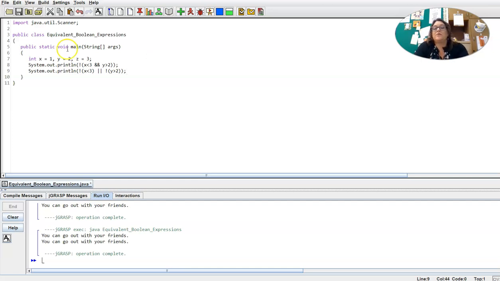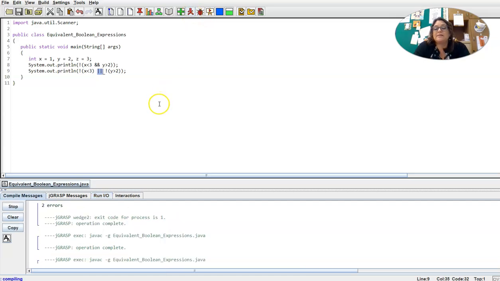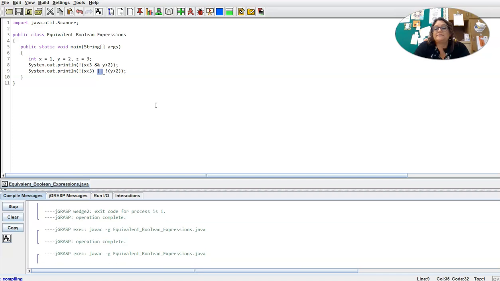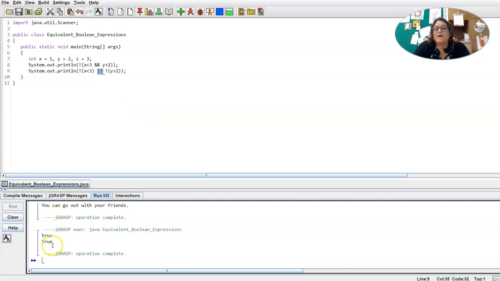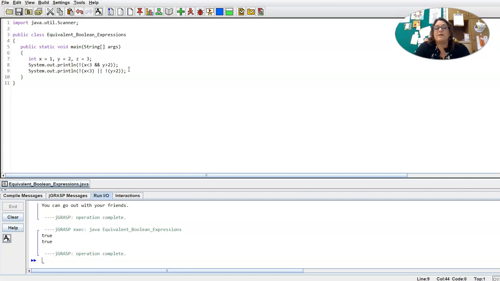Okay, so we distributed the not operator, right, over the parentheses, and we changed this and to be an or. Okay, so let's go ahead and run and see if those are equivalent. Okay, we got true both times. So these two expressions are equivalent.